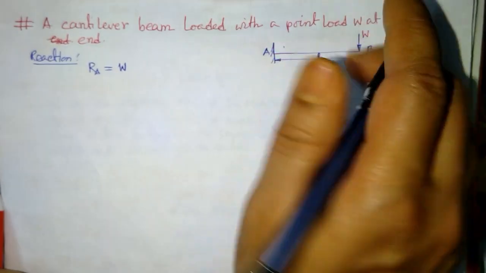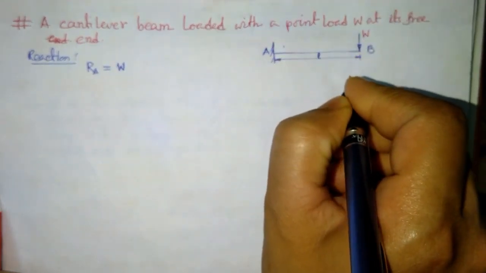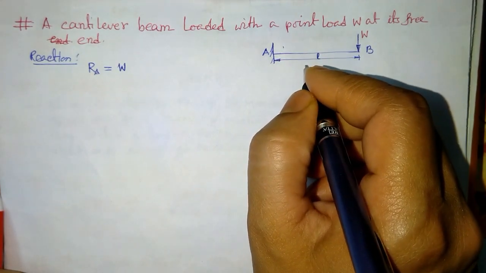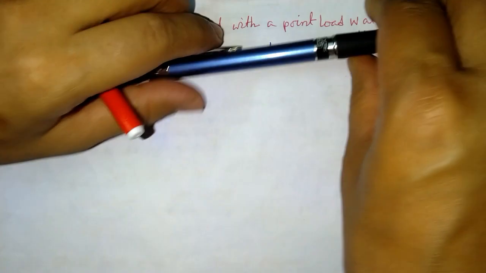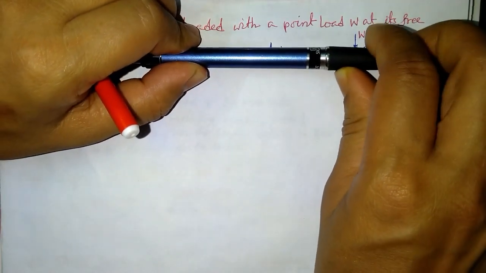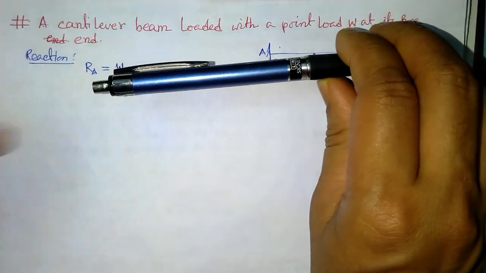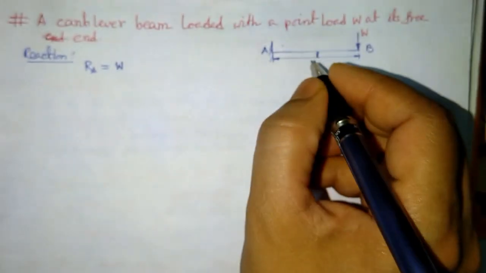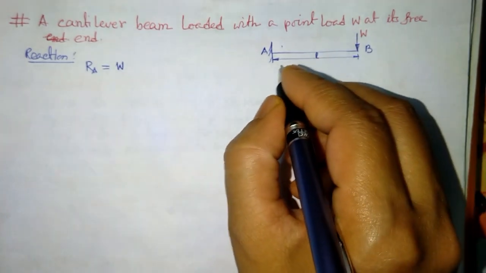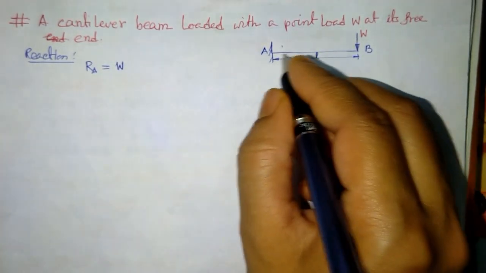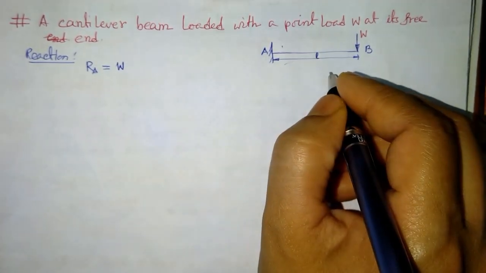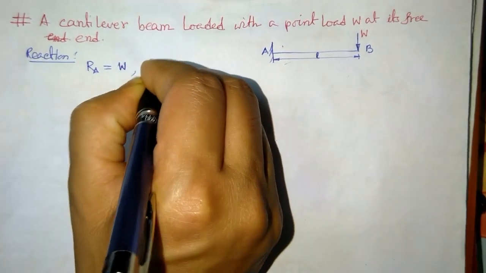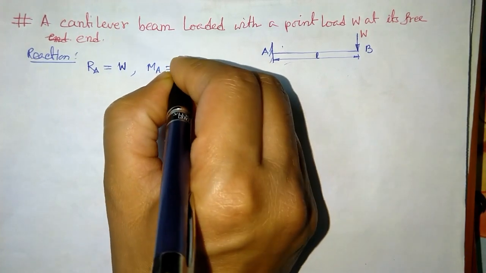Similarly we can get the moment reaction. If the load is rotating the beam clockwise, our moment reaction should be anti-clockwise. If it is bending like that, it will make a sagging bending. No, sorry, not sagging, it will be like this, so it will be hogging. Hogging we have taken as negative, so that moment reaction will be positive.